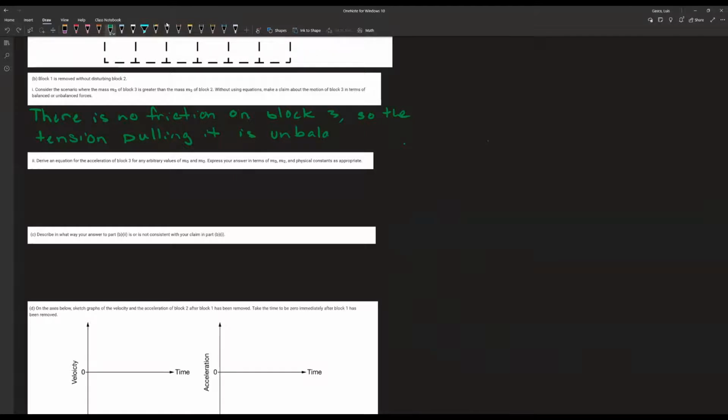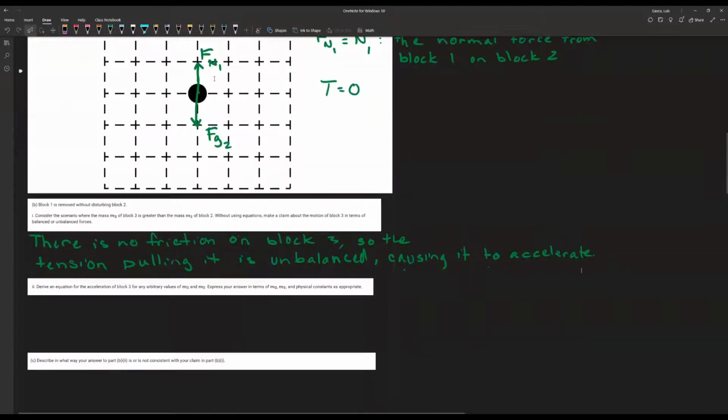Any questions so far? Causing it to accelerate. And it'll accelerate to the right. Let me know if we have questions or we're kind of confused by that. And specifically, we could say causing it to accelerate from rest. So it's going to change its velocity. Its velocity is originally 0. It's going to be some number other than 0. It will move.